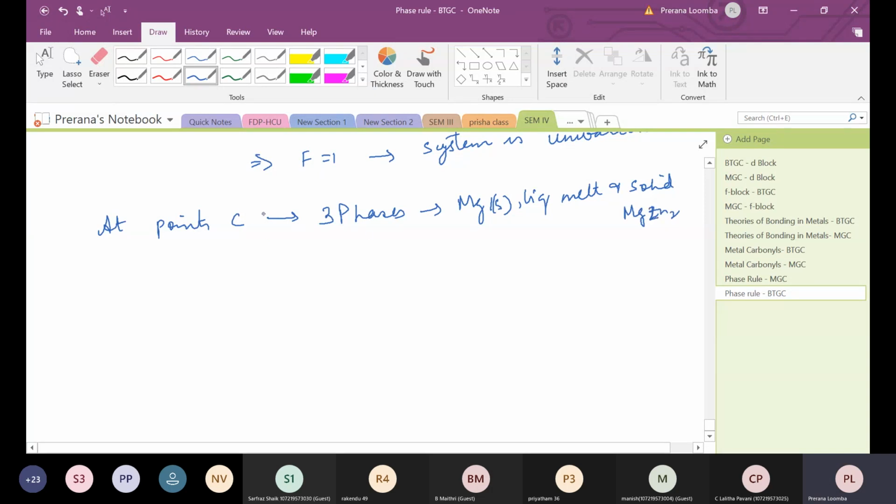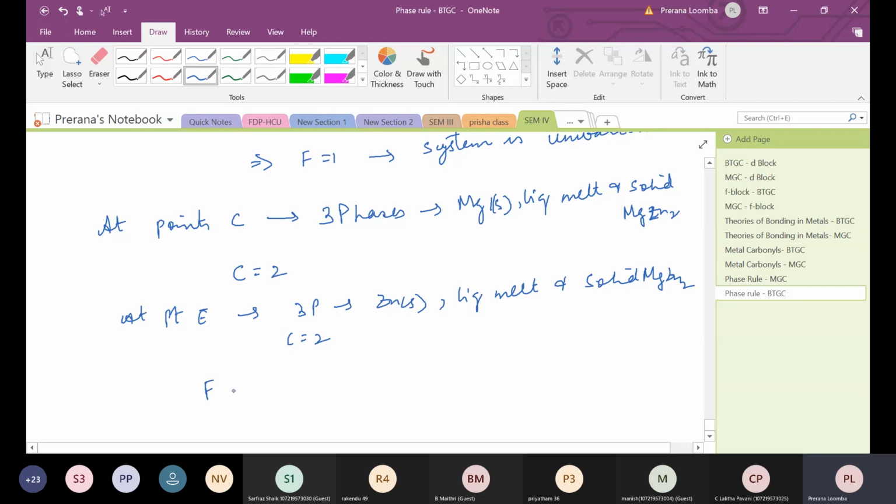Components are two. And at point E, again you have three phases, but instead of solid magnesium, you have solid zinc, liquid melt, and solid MgZn2. So here also two components.